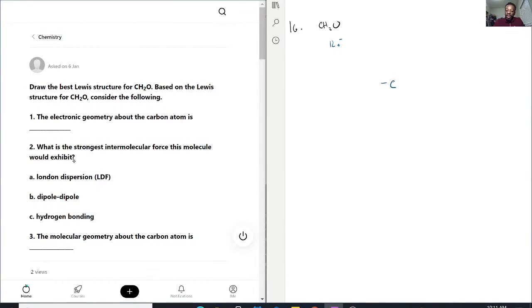And we have C, H2, and O. So here, the hydrogens are already done. They are sharing their 1 electron, so we don't touch that. Oxygen, on the other hand, is sharing 1 of its 6, so we need to add 5 more.